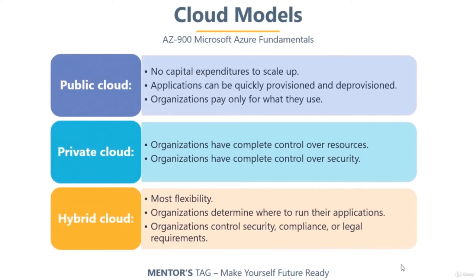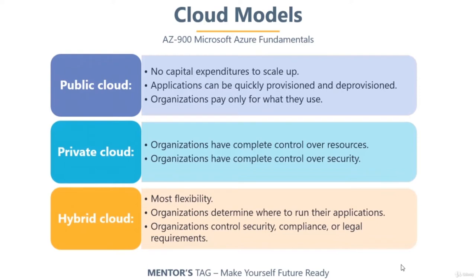The other option, which is available and very popular nowadays, is the hybrid cloud. Most of the time, hybrid cloud is a combination of public and private. There are organizations that, even though public cloud has so many advantages, are not ready to move everything to public cloud for security reasons.